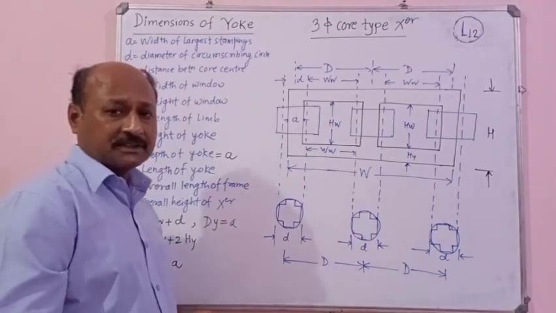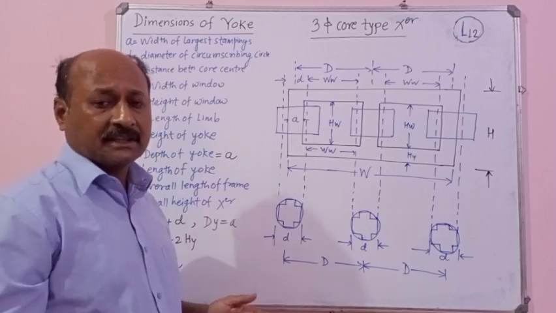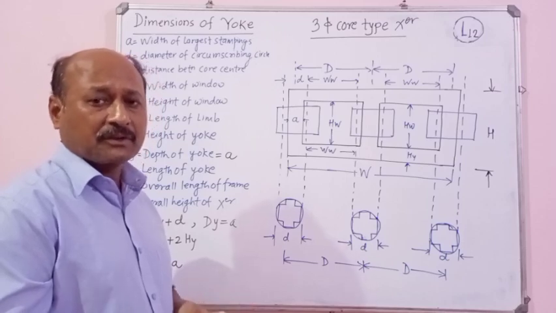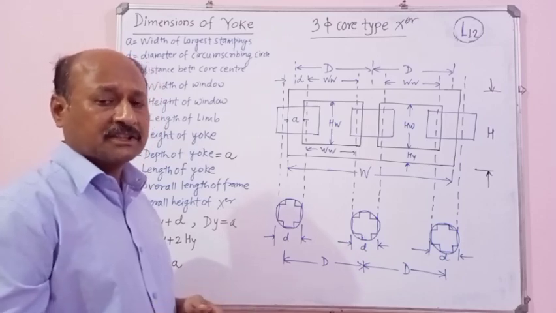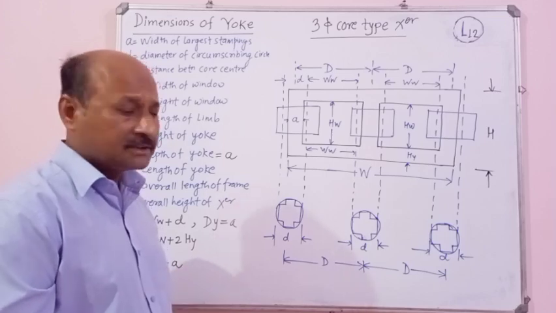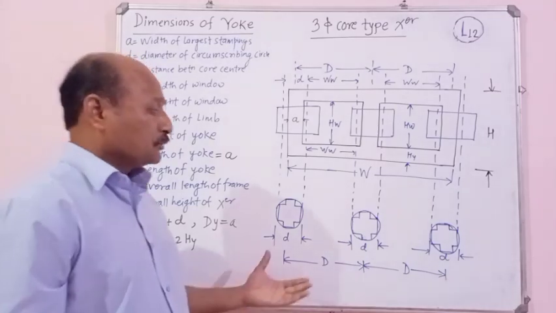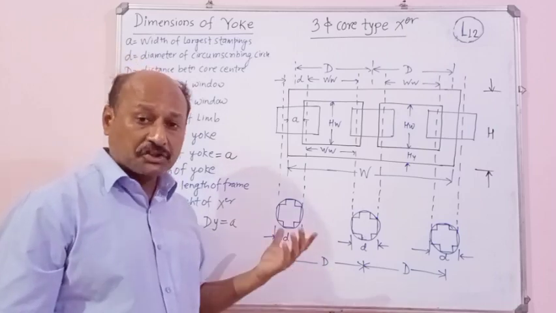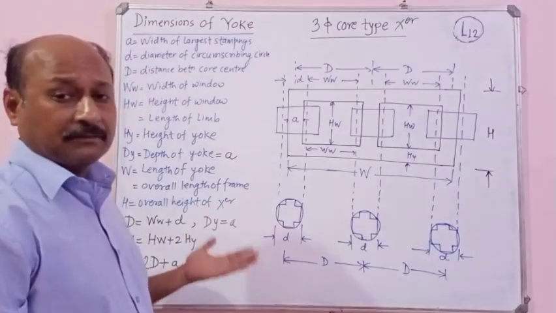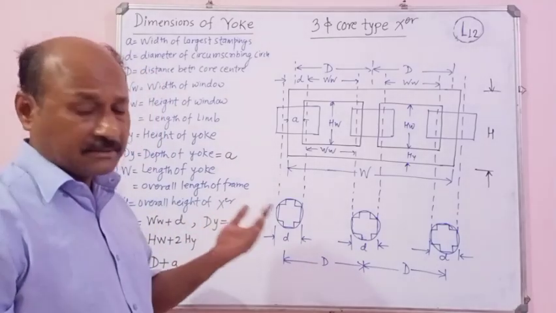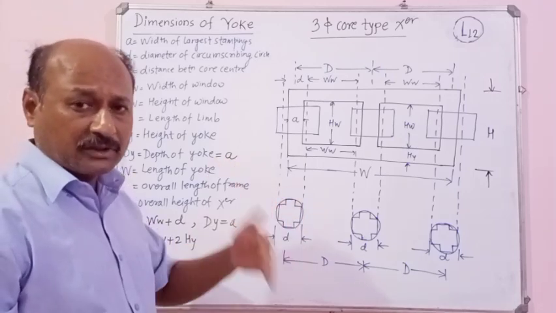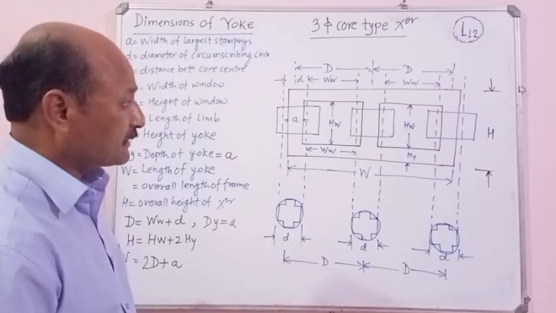In the last lecture we studied the different relations, that is iron loss to copper loss. Then for what purpose we are going to design the transformer, whether it is for minimum loss or for minimum cost, depending upon that we have to select the different ratios and their values. Then we have Lmt by Li, which again varies depending upon whether it is a single phase shell type, core type, or three phase shell type transformer.